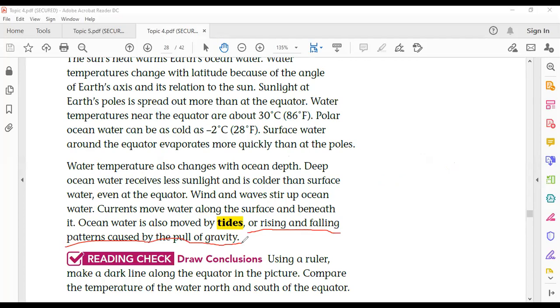This is caused by, did you know that the tides are caused by the gravity of the moon? The moon's gravity pulls the ocean. This is the earth. This is the moon. Both of them exert a gravity on each other.